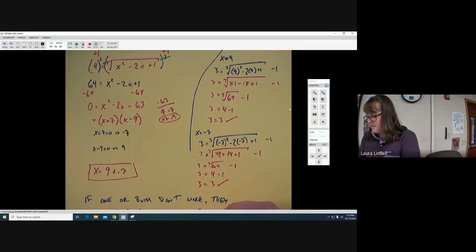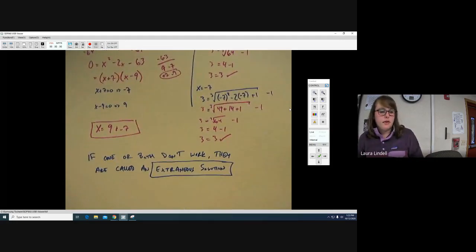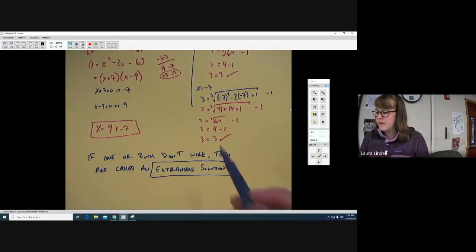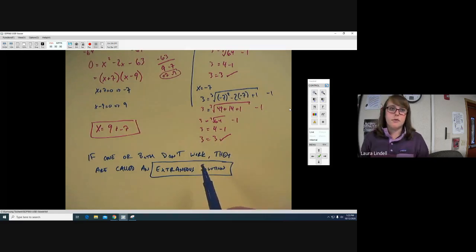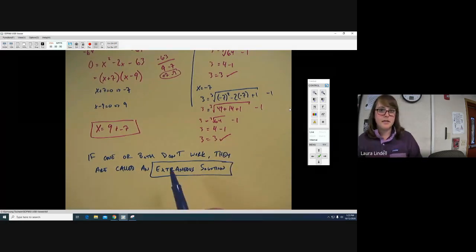Extraneous. Okay. And you can't see it. There we go. So if one or both of them were to not work, if you got something like 3 equals 7 or 4 equals 99, they would be called extraneous solutions. So whenever you get an untrue statement down here, that's a sign that that solution does not work.